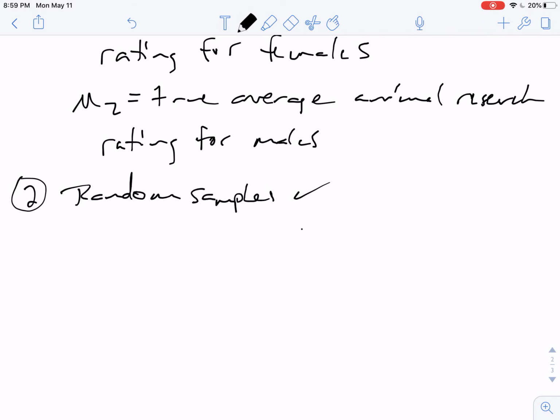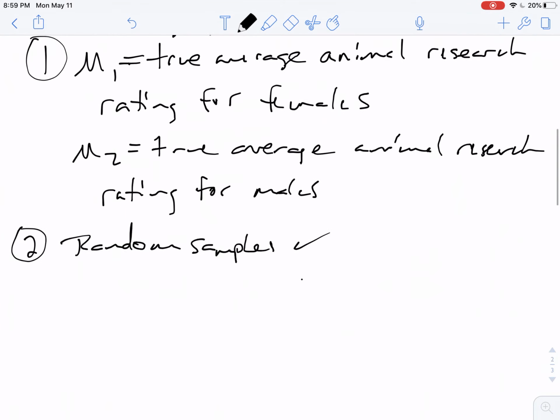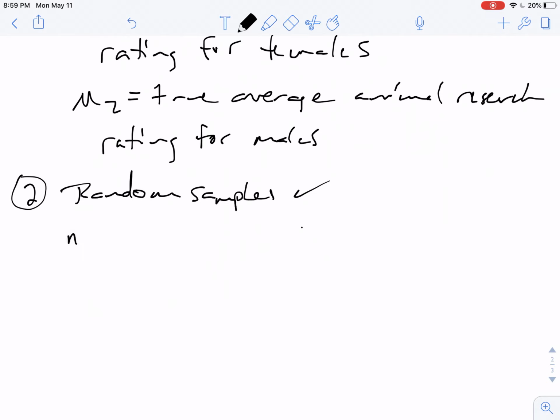Our next one is we need normal sampling distributions. Remember, we can show that just by looking at the sample sizes. My two sample sizes of 140 and 100 are sufficiently large, that being greater than 30. So I'm going to check that. N2 is 100, also greater than 30.